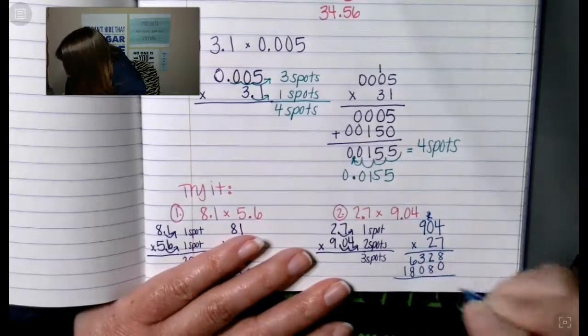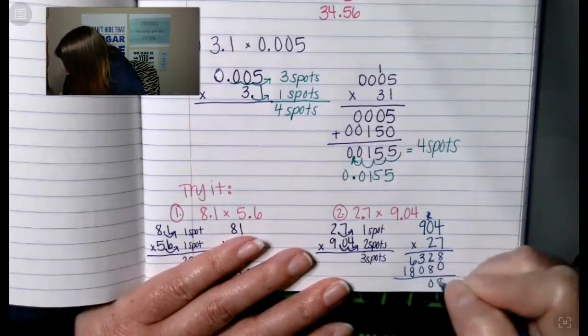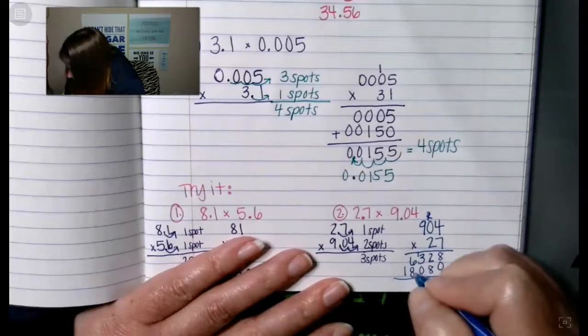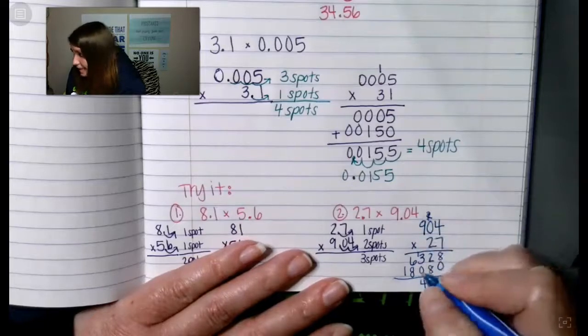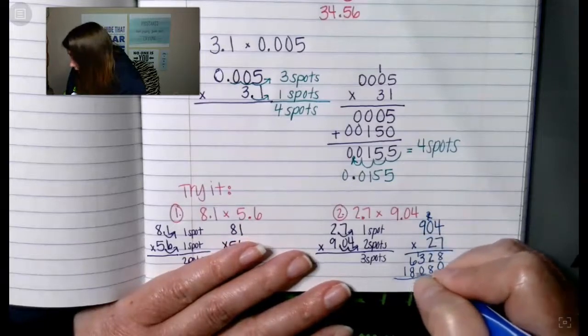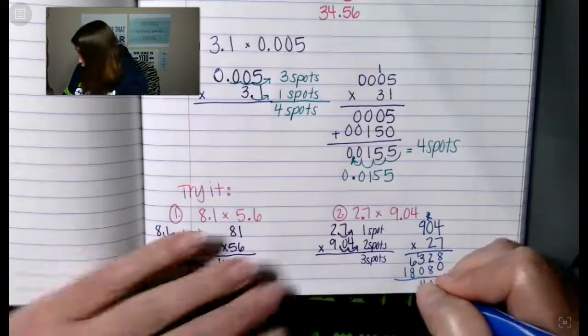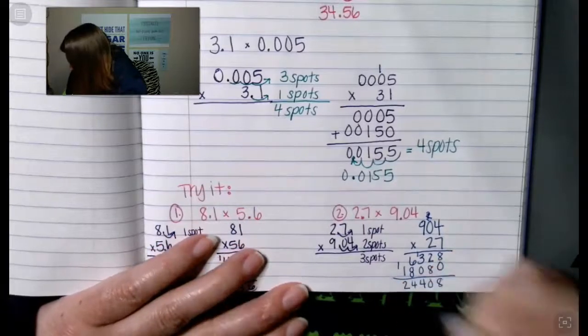Okay, now I'm ready to add. 8, 9, 10, carry my 1, that's a 4. 8 and 6. Oh, 8 and 6. Okay, so 8, 9, 10, 11, 12, 13, 14. And the 1, 24.